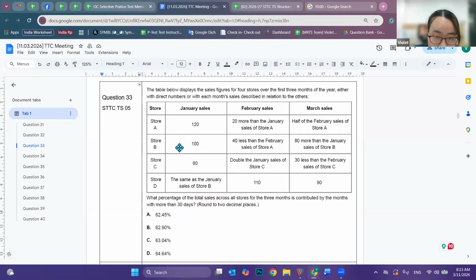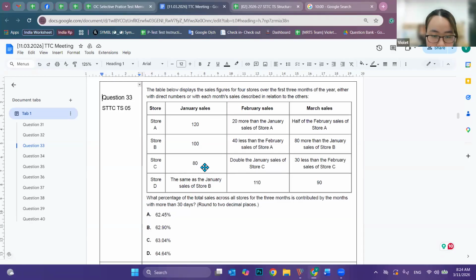170. In store B, January sales are 100. February sales are 40 less than February sales in store A, so 100. March is 80 more than January sales of store B, so it would be 180.